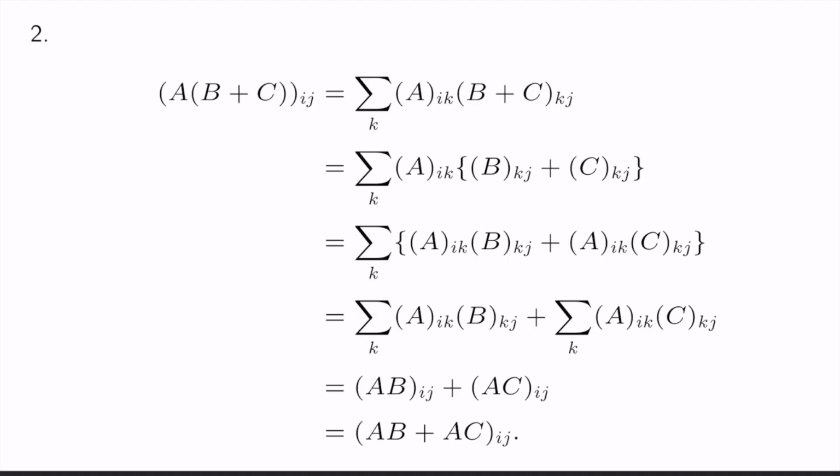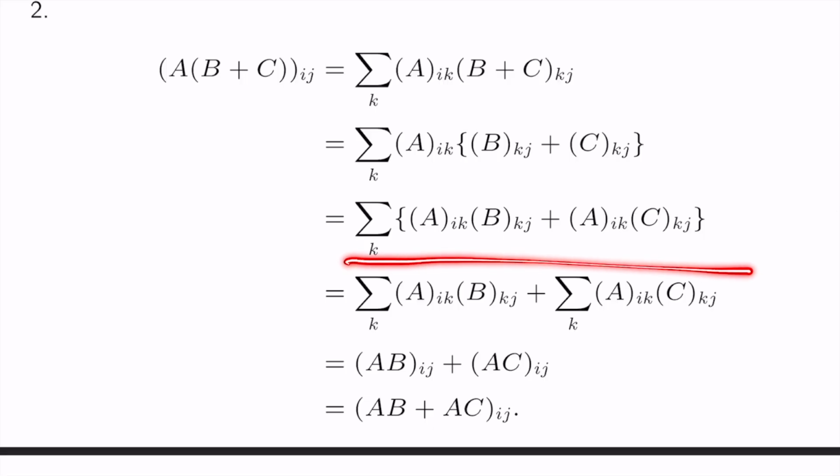Then according to the definition of matrix addition, this is just the kj element of B plus the kj element of C. Now these things are just numbers, so we can apply the distributive law of ordinary numbers. Then we have this.